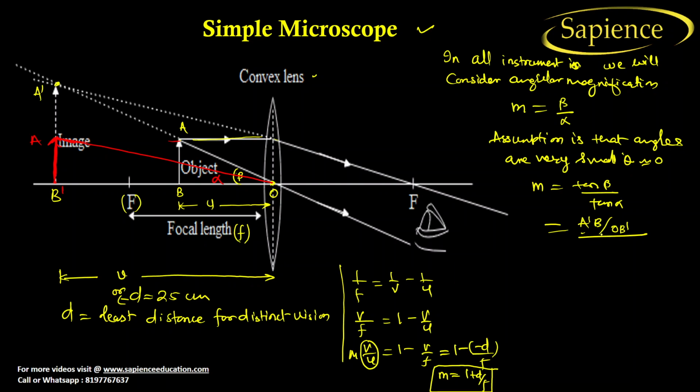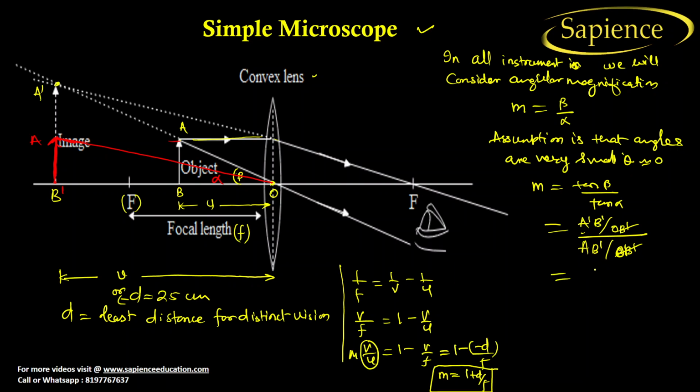Now we can write tan alpha. Tan alpha can be considered as perpendicular by base, that is AB', so AB' divided by B'O, that is OB'. So OB' gets canceled out.